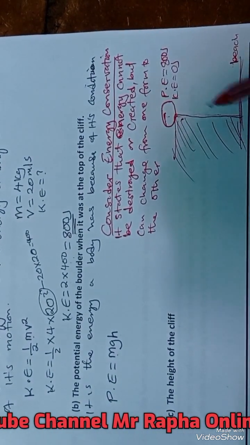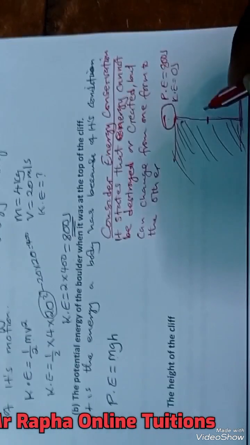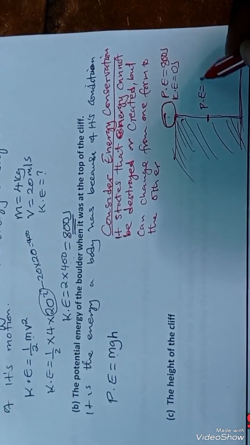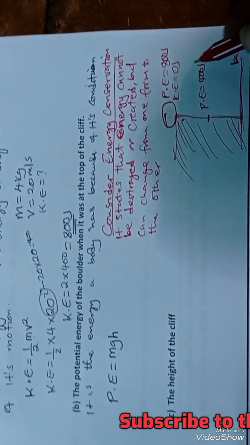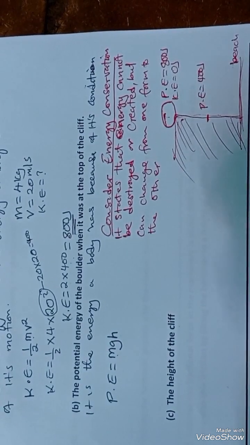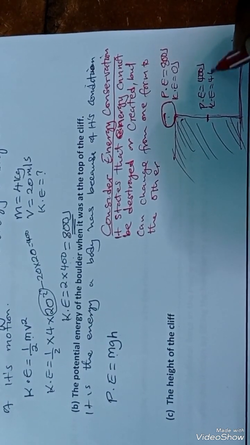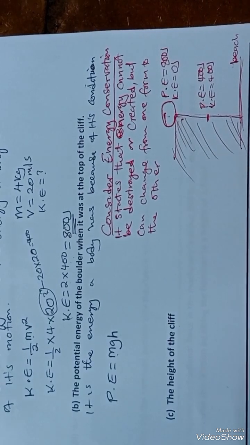As it falls, it will reach the middle where potential energy becomes 400 joules, half of 800, and kinetic energy increases to 400 joules.